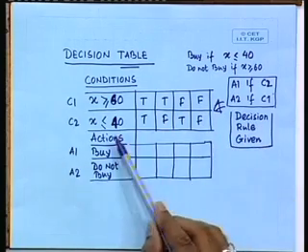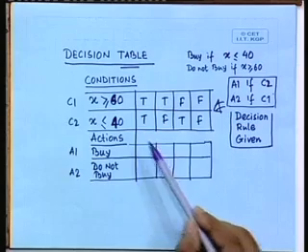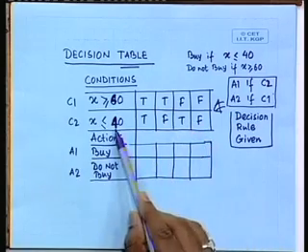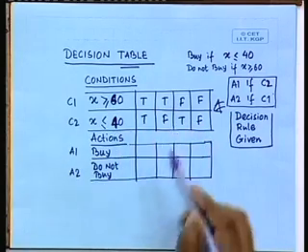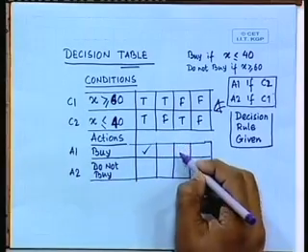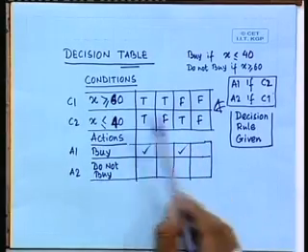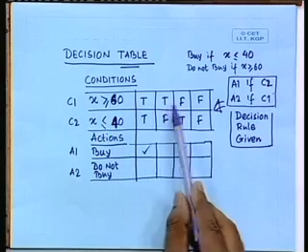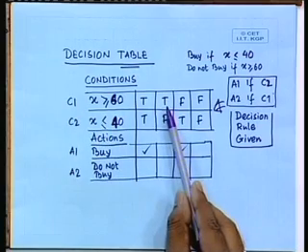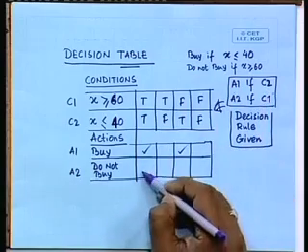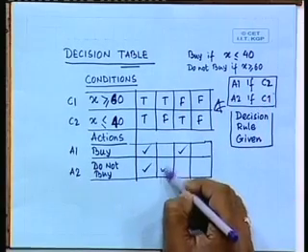Basically, when C2 is true, then it should be A1. That means x less than or equal to 40, then you should buy. And do not buy when x is greater than 60. So, this is the second rule, and according to the second rule, it is do not buy.